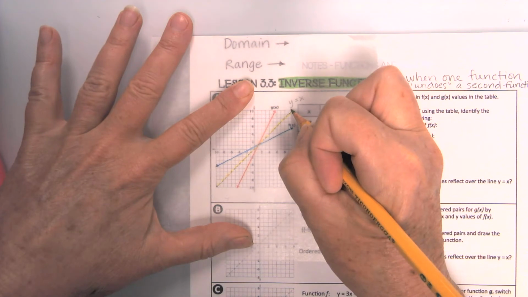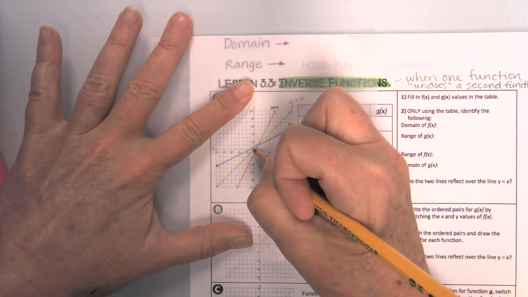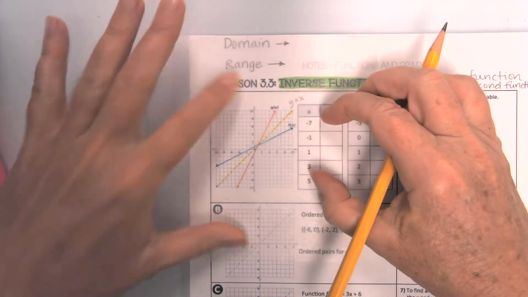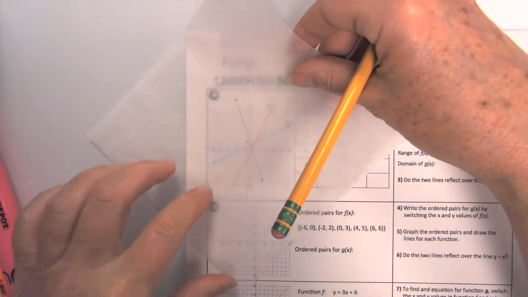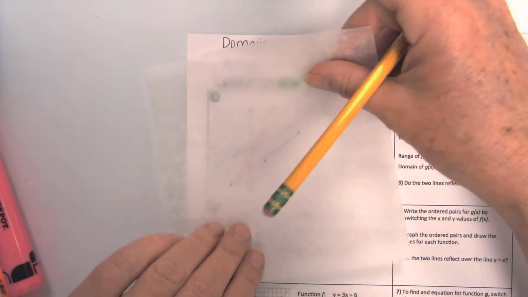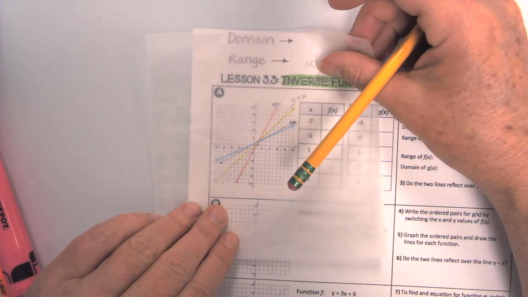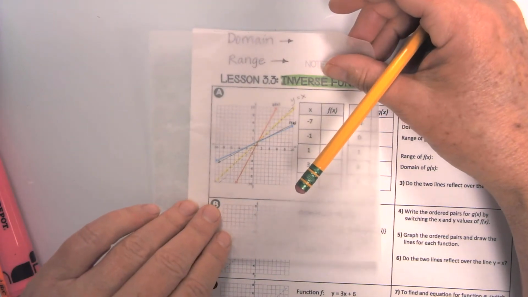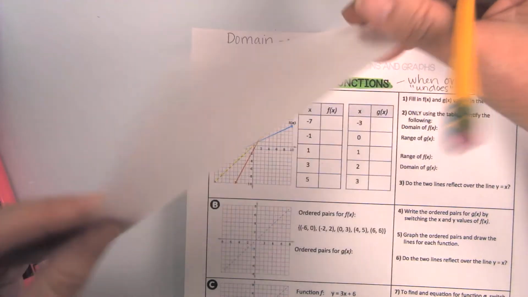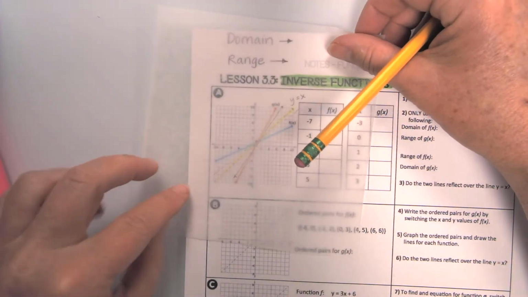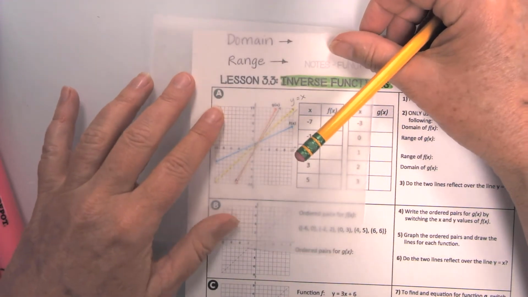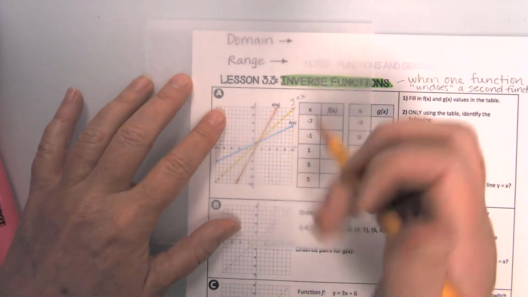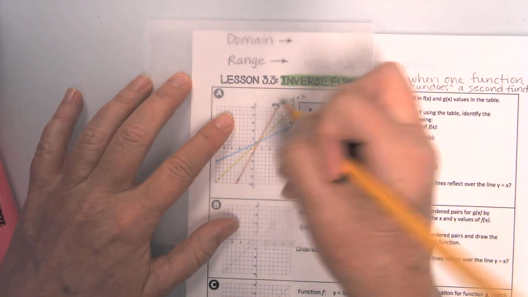Here's my origin. I can pick up this paper and flip it. Oops, I flipped it wrong. Okay, I'm going to flip it. And notice, if I line up the yellow with my line, now I have my g of x.